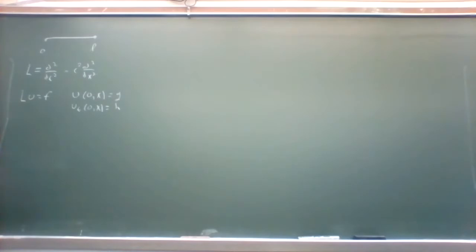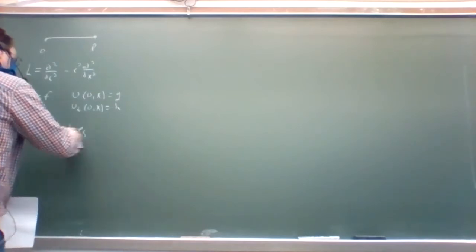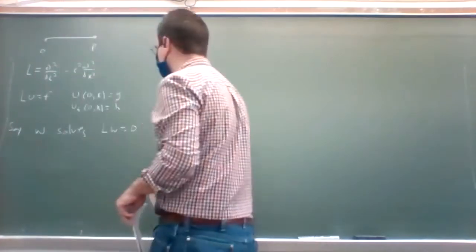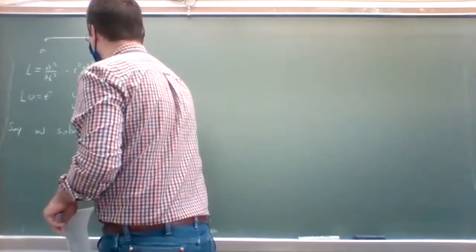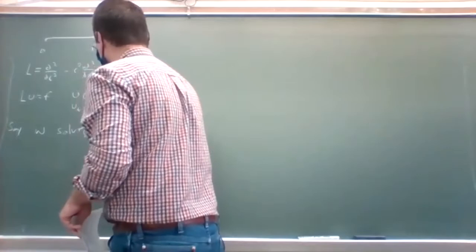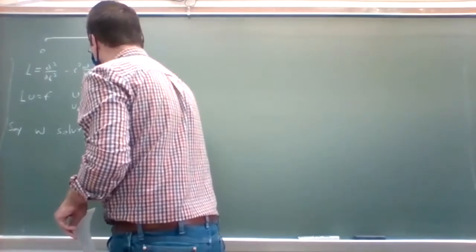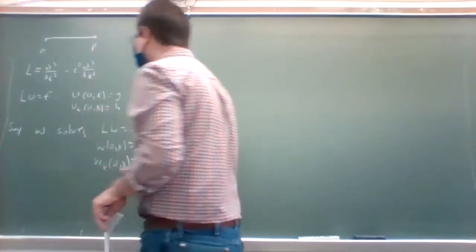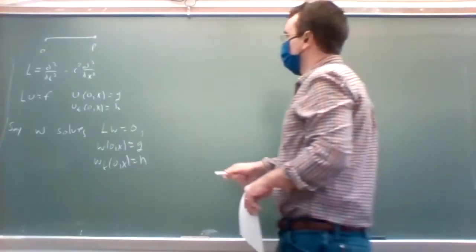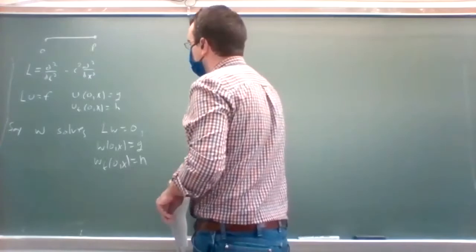Perhaps you say that W solves LW equals 0, but with W(0,x) equals G and W_t(0,x) equals H. We know how to solve that with D'Alembert's result.